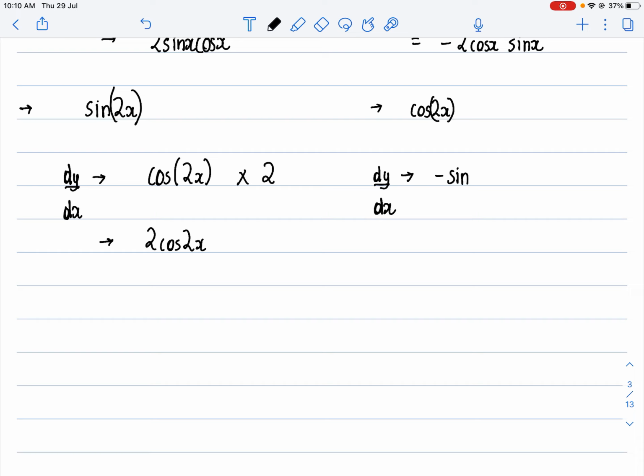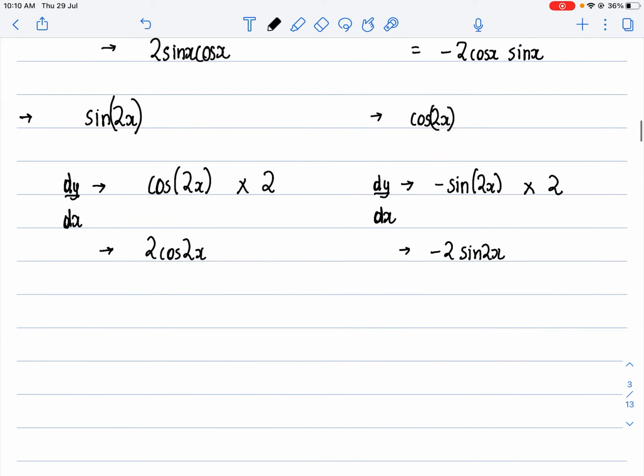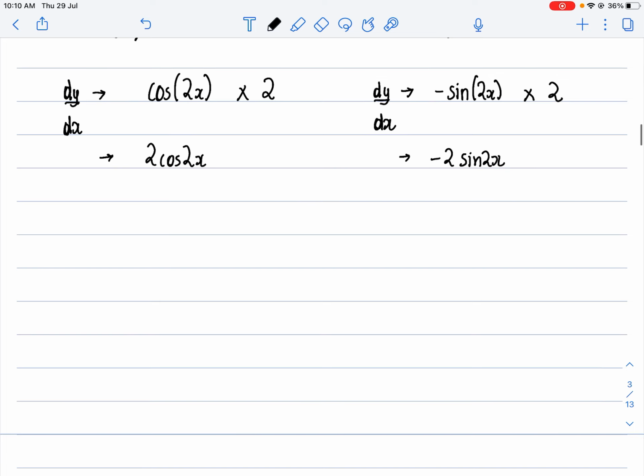So I write minus sine into 2x. 2x is the inner function. So I write it as it is, multiplied by the differentiation of 2x, which is 2. So I get my answer basically as minus 2 sine 2x. Correct? Now let's do variations of this example.